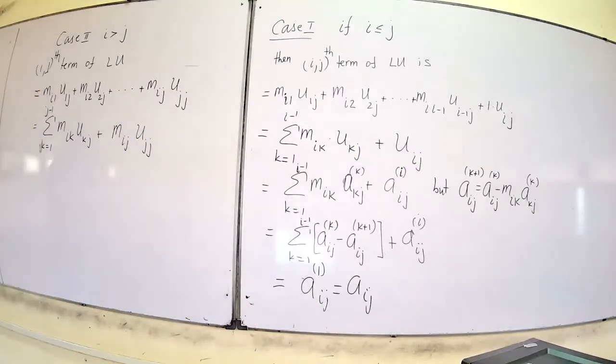So I write the term separately: mik minus this and this. Now, same formula.